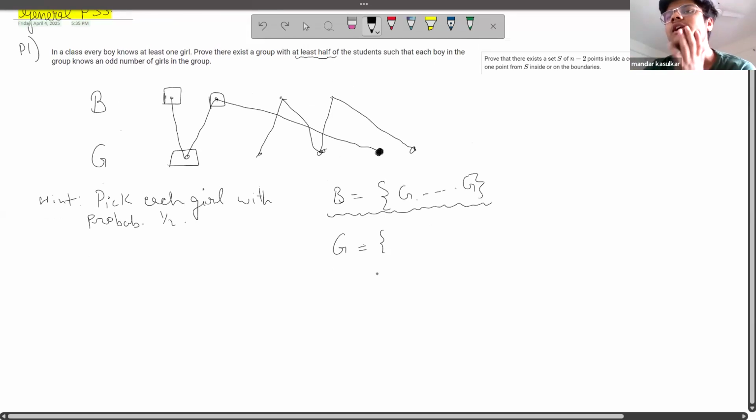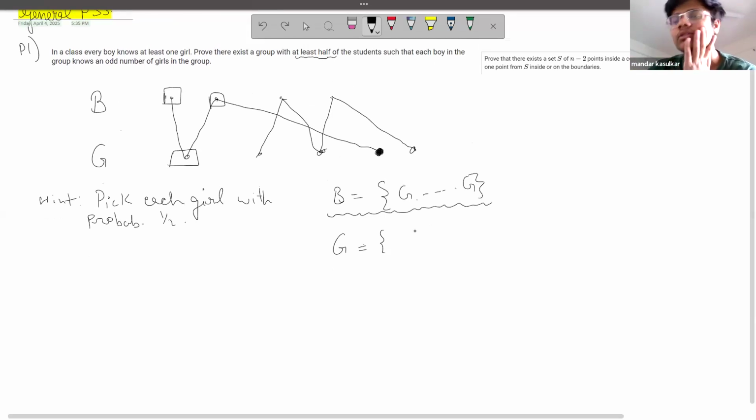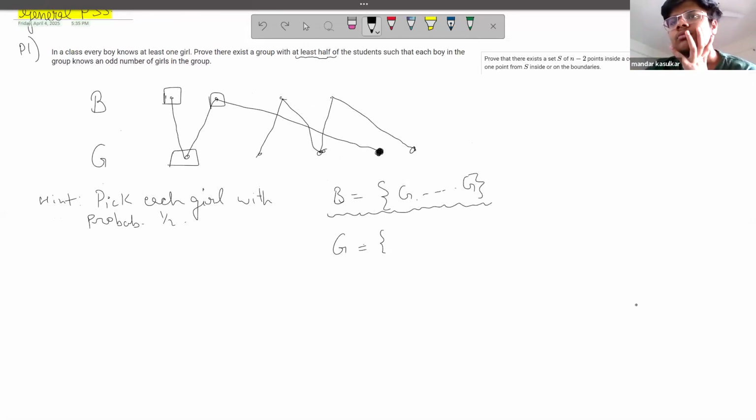Does everyone understand what I was saying? Do you get why we picked girls instead of boys randomly, and why with a probability of half?